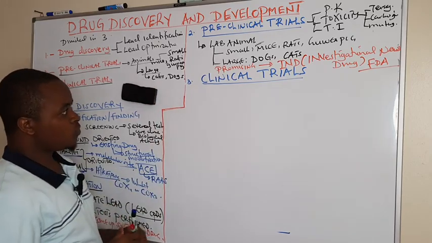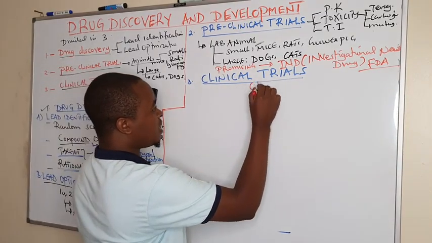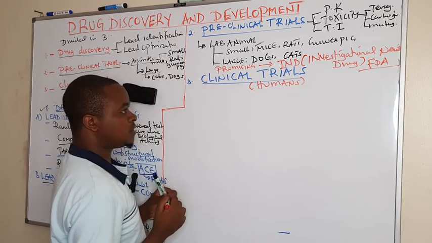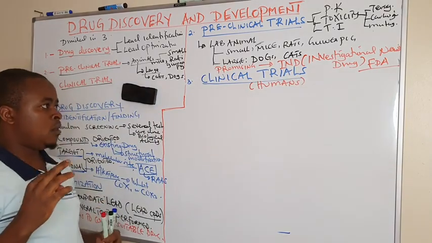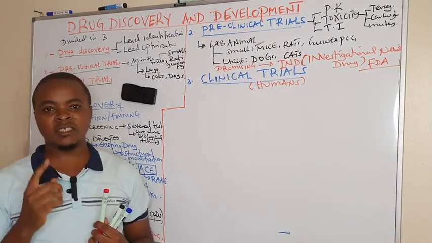And when you reach the clinical trials, which are done on humans, not on animals, they are categorized into 5 phases currently. Formerly there used to be 4, but we have developed a new one, which is phase 0.